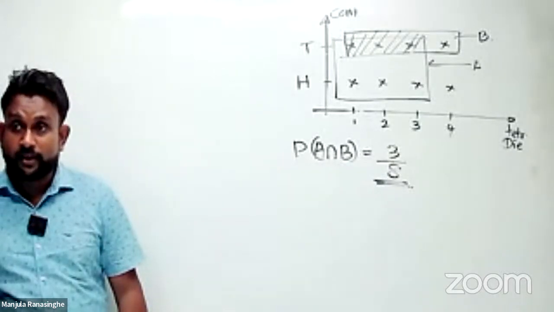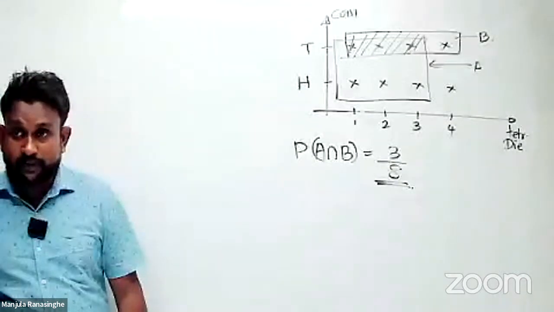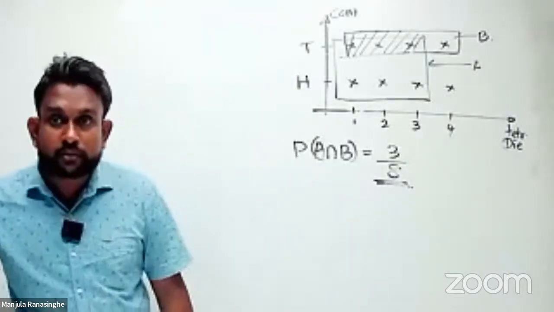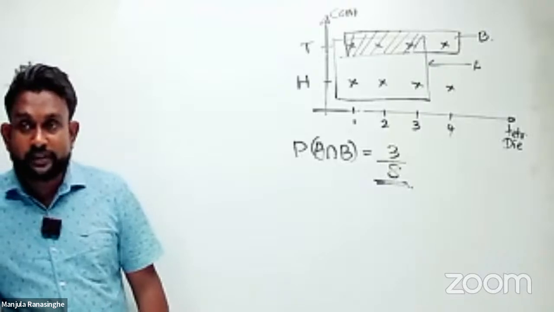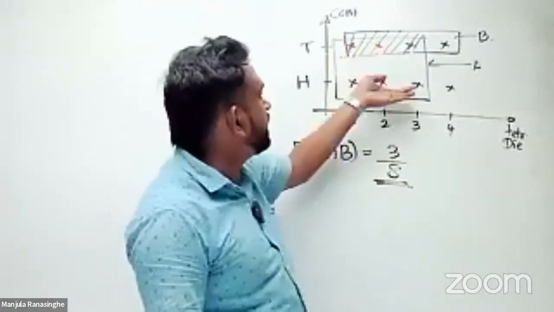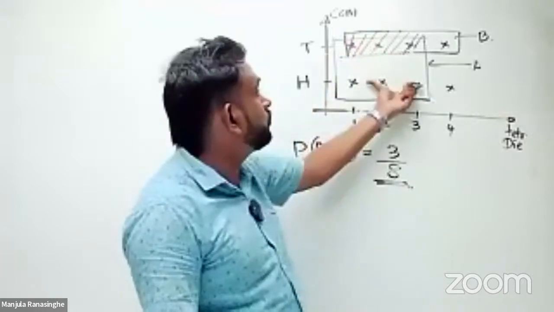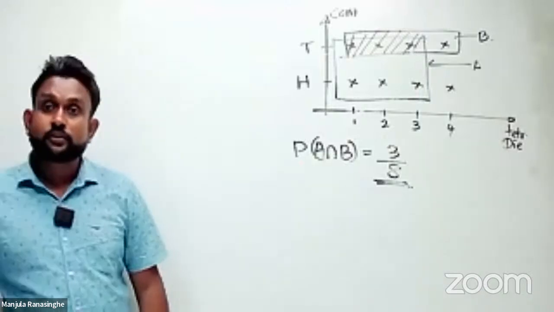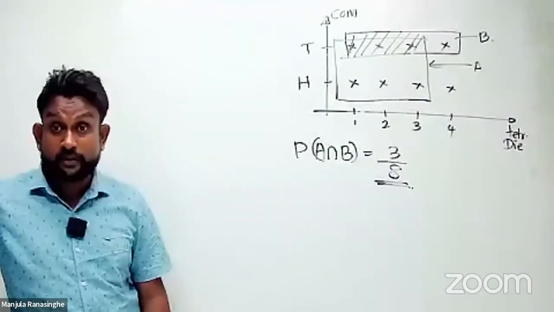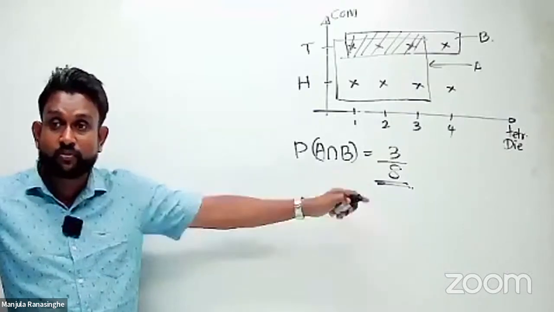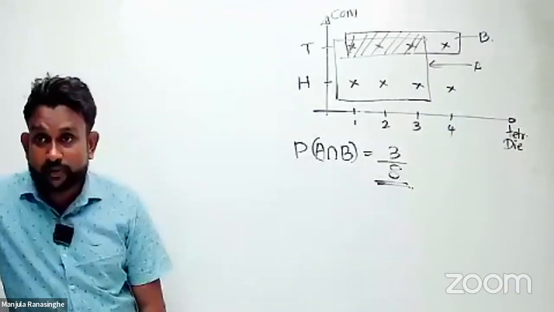Not 3 upon 7. How many elements are there? 4, 4, 8. Total 8. That shall be 3 upon 8. The probability is always divided by the total number of elements in the sample space.